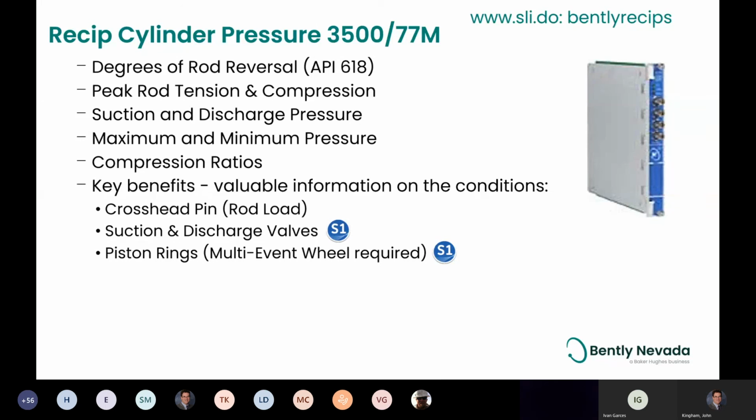And, you know, the machines are obviously designed to have proper rod load reversal, but if you have a valve failure or possibly an unloader set up incorrectly, you can get into a situation where you don't have good enough unloading.